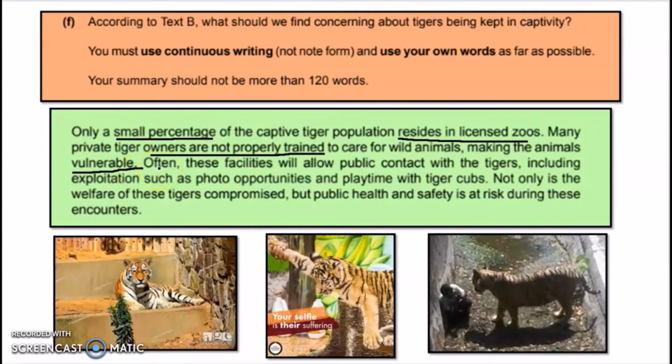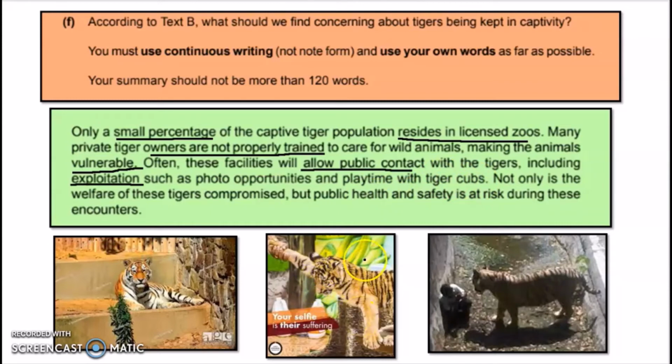Because of their poor training, often these facilities will allow public contact. So they are giving the public permission to be closer to the tigers, including exploitation, such as photo opportunities and playtime with the tiger cubs, which is quite unsafe, not only for the public but for the tigers as well.